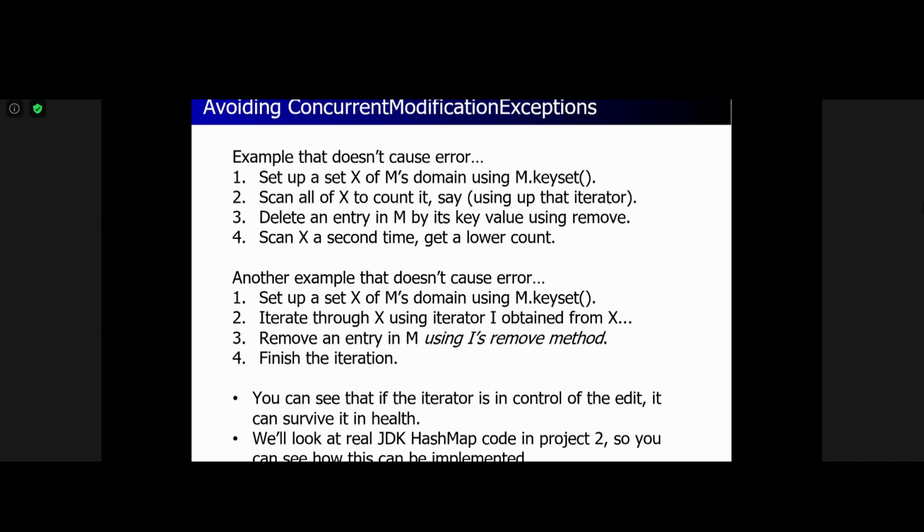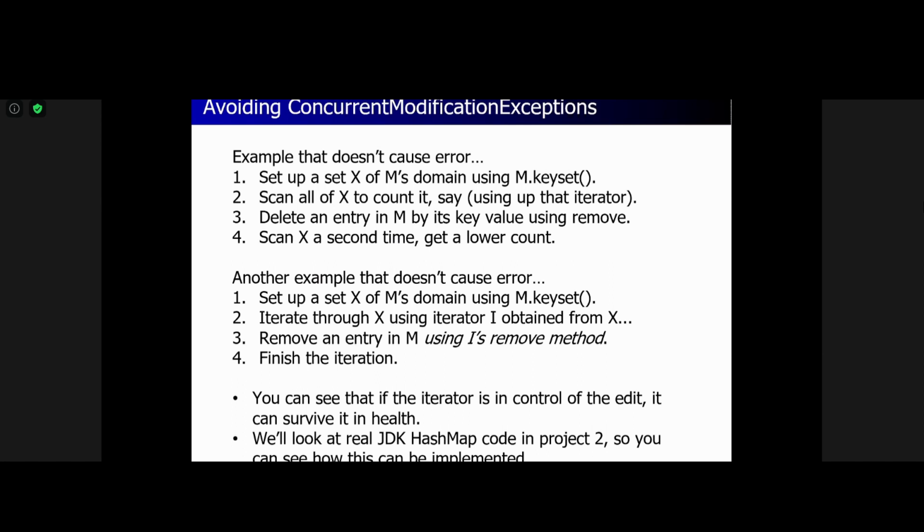So you can see that the iterator remove actually gives us more power in working with these maps. The iterator's in control of the edit because you're using the iterator's remove method. So you call into the iterator, so it remembers what's going on and can arrange to skip over the part that got deleted. Okay, because it has to be right there when you do it that way.